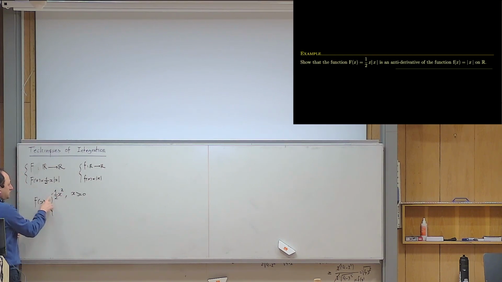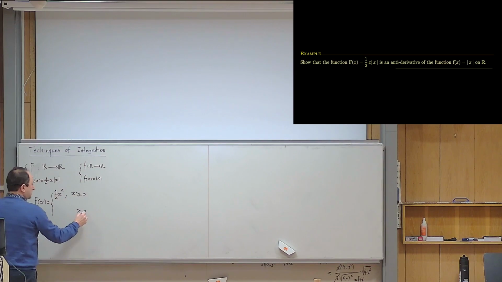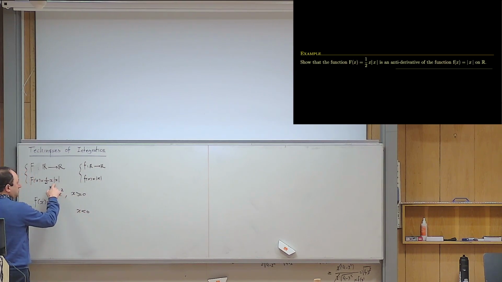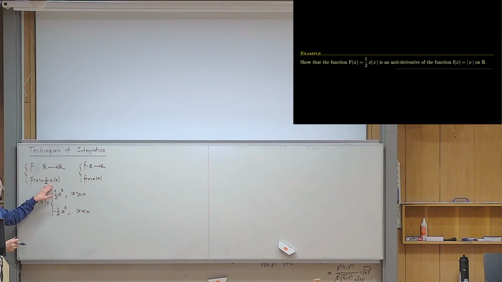So this function is 1/2 x squared if x is 0 or greater than 0, and if x is less than 0, the absolute value becomes negative x. When it's multiplied here, it becomes -1/2 x squared. So this function can be written as one single rule using the absolute value sign, or written separately with two different rules based on which condition you have.